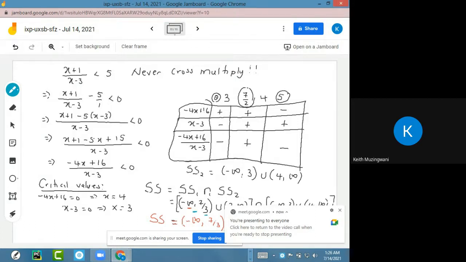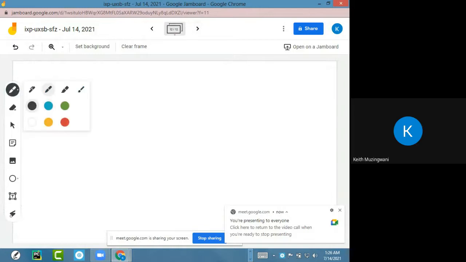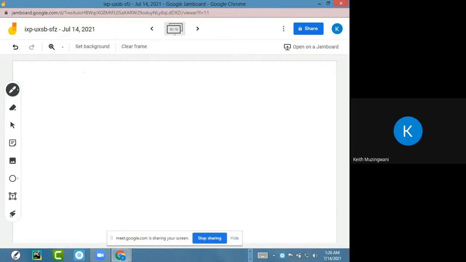So we also have a different type or set of examples where they would ask you to still solve for x. They give you x plus 1 over x.